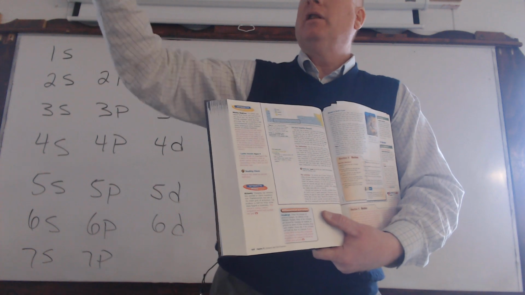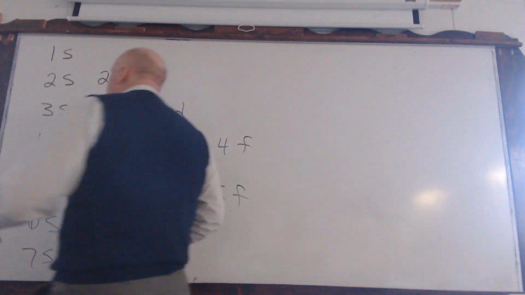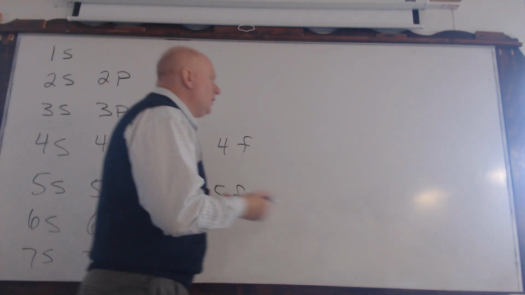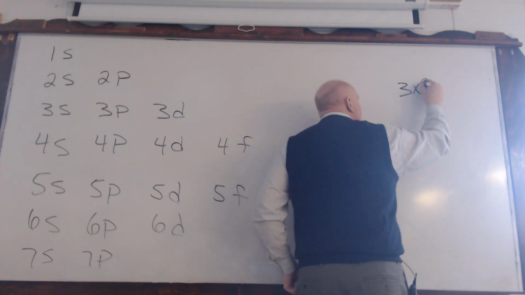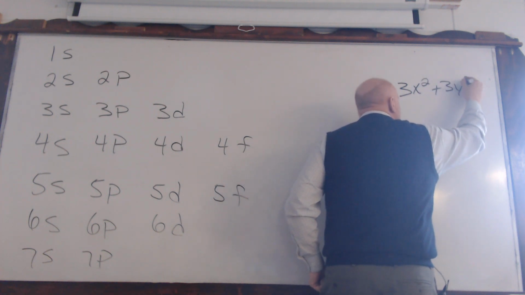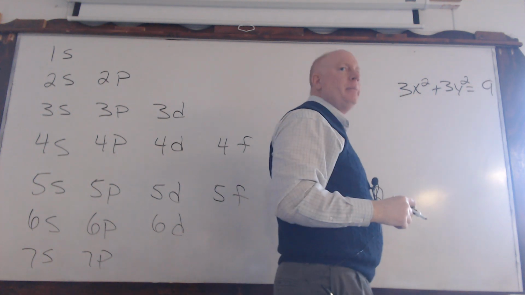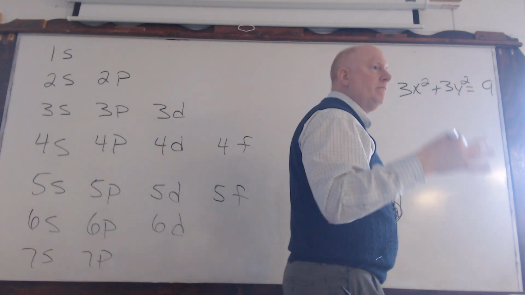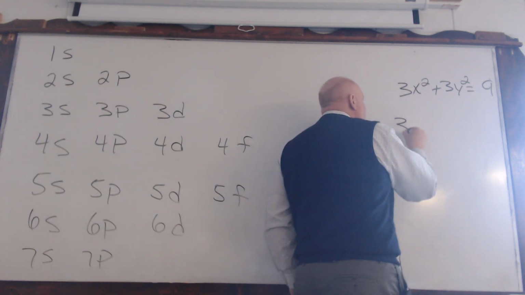In other words, when you factor something out, like I usually use the same example. If it's a circle, if you had 3x squared plus 3y squared equals 9, what do they all have in common? 3. So you can factor a 3 out of there.